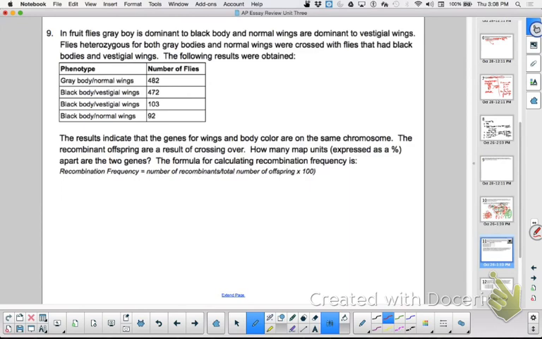And this is the one I worked out for you, and it's all in your group shared notes, but just so you know, we can see here, when we cross gray body, normal wings, if we thought we were crossing this and normal wings, we would have thought, I bet 9 are going to be gray and normal, 3 are going to be gray and vestigial, 3 are going to be black and normal, and only 1 will be black and vestigial. But it didn't turn out that way. I didn't get that independent assortment.